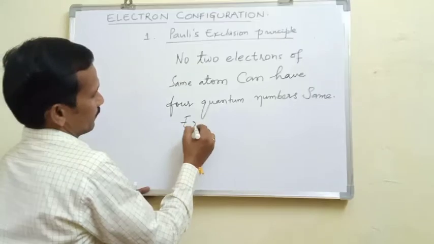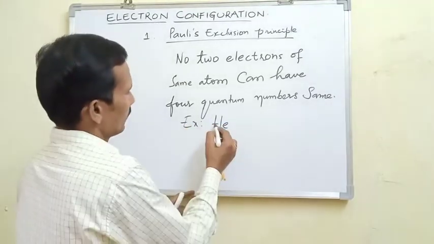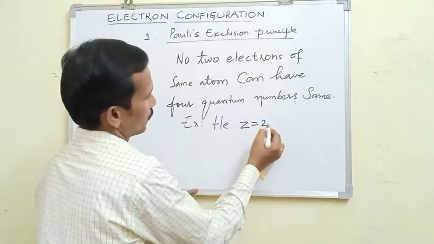Example, helium. Let us take helium. Helium has the atomic number 2.